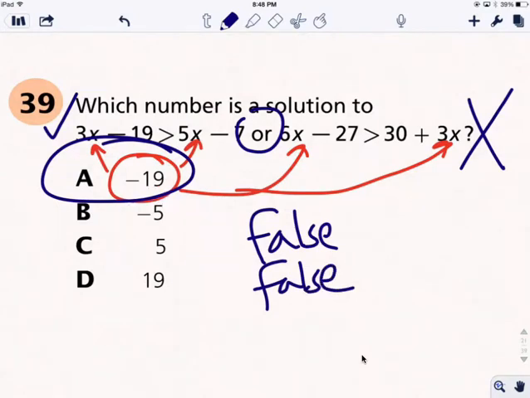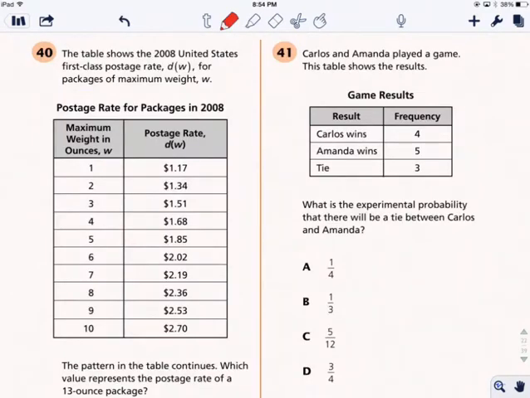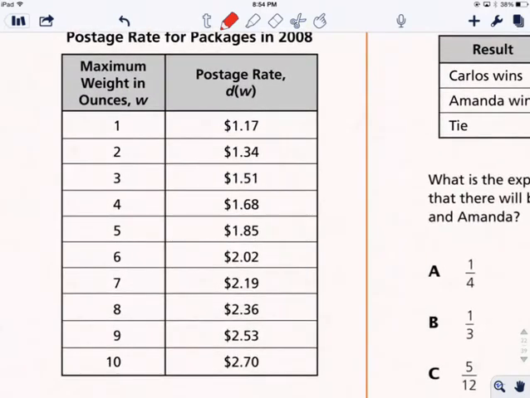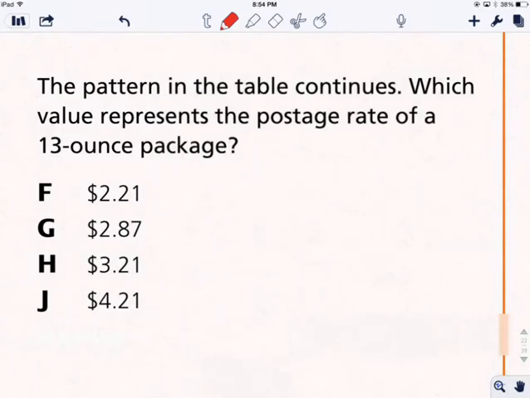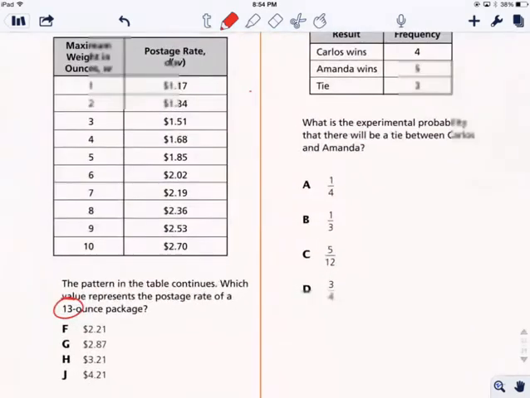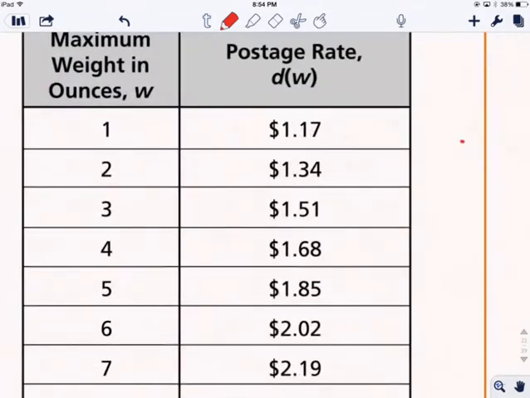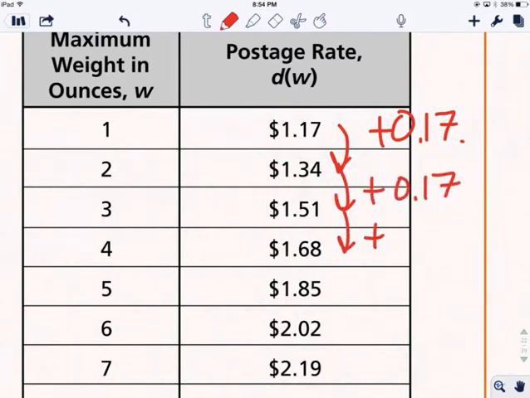Number 40 here, we have a giant table, and we are asked to find the value of the table when we're talking about 13 ounces as being the weight of our package. So if you look closely at this table, you'll see that the postage rate increases by 0.17 each time. So it increases by 17 cents.